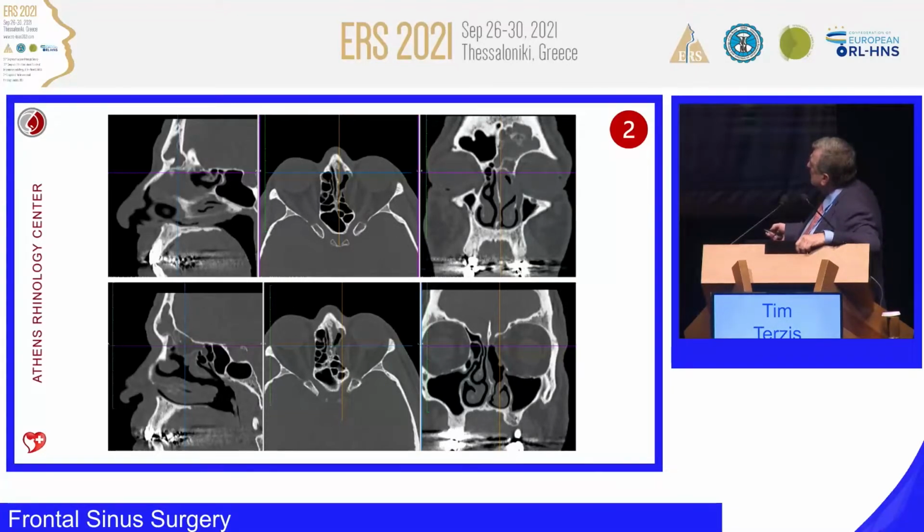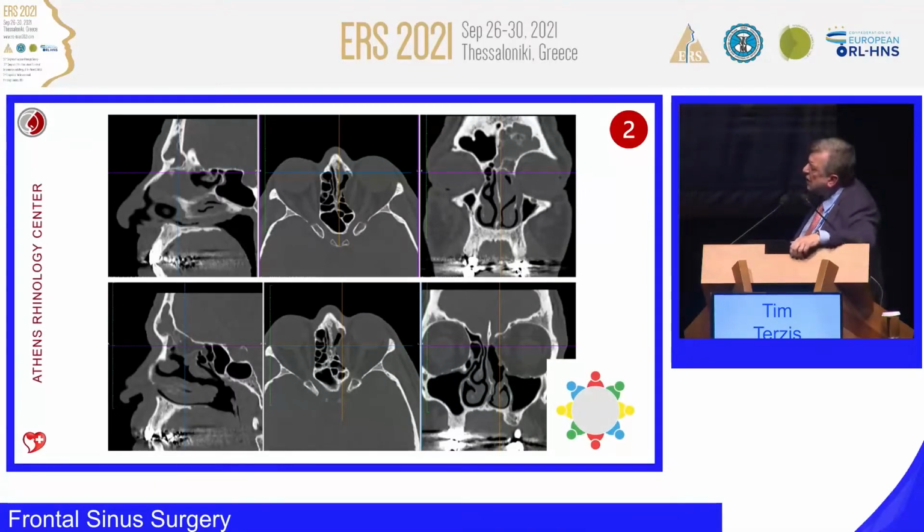We can see this alteration of the anatomy of the orbit here, and we can see that the ethmoids, especially the anterior ethmoids, are obliterated by this fracture of the lamina papyracea. So if somebody tries to get into this ethmoid, it's quite dangerous because he may enter the orbit here.